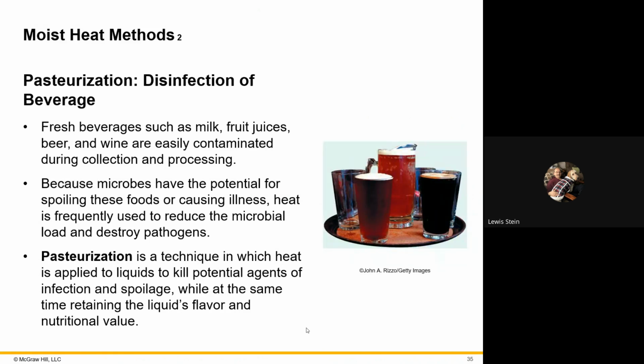It's a little bit different, which brings us to maybe the last topic, pasteurization. Pasteur's numbers are typically about 62.5 degrees Celsius for approximately 30 minutes.